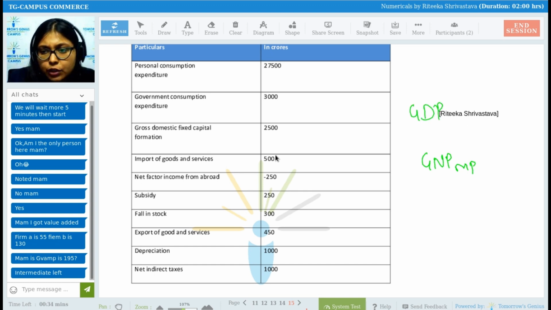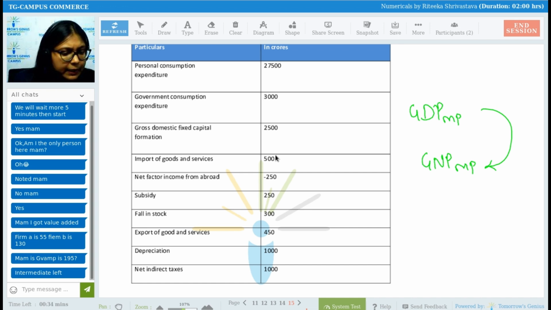So first you have to find GDP MP, and once you get GDP MP, you will go to GNP. Personal consumption expenditure and private consumption expenditure are the same.